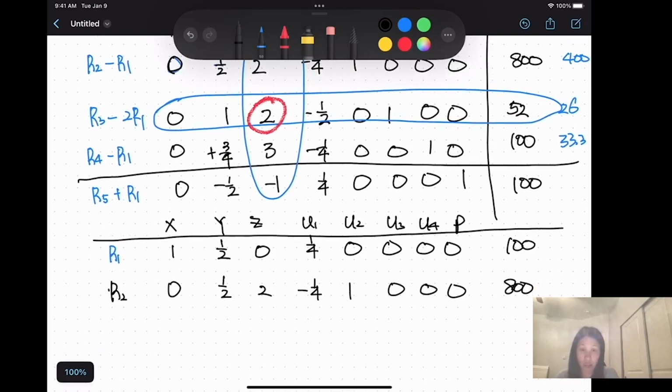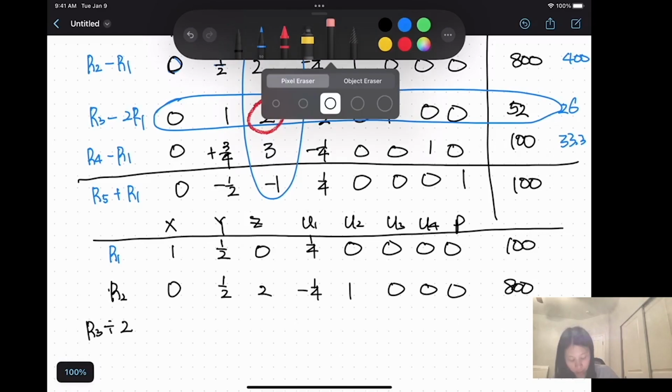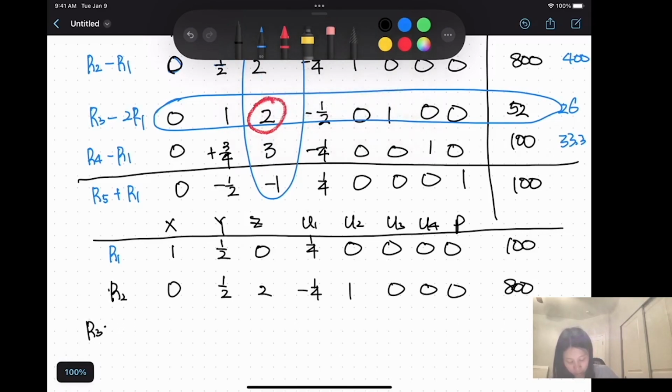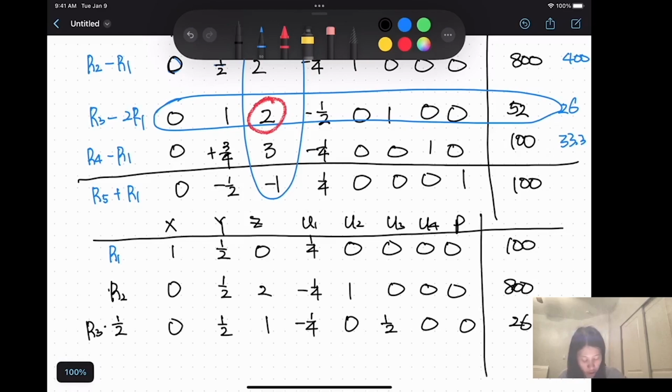So for R3, I want everything divided by 2, or times 1/2, either way. So we have 0, 1/2, 1, negative 1/4, 0, 1/2, 0, 0, 26. Okay, so R4 remains the same.